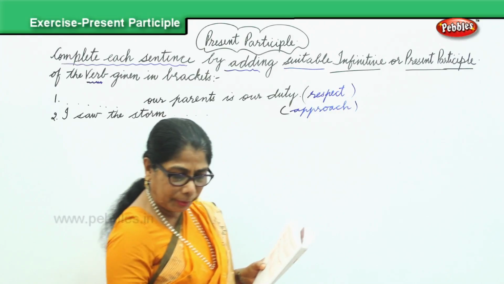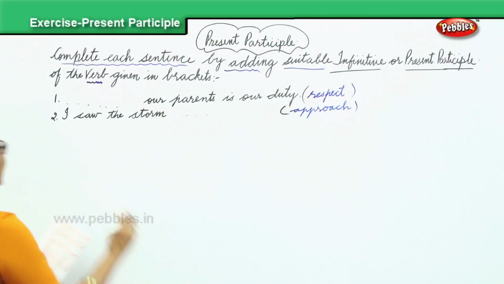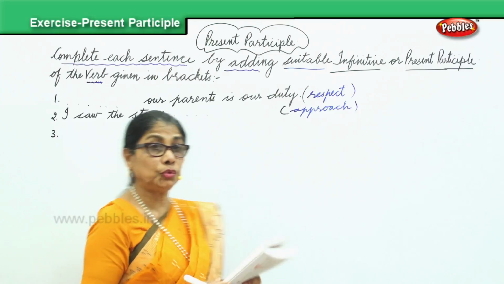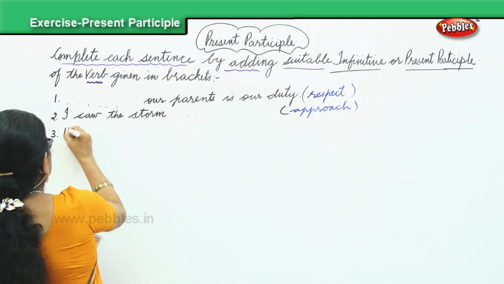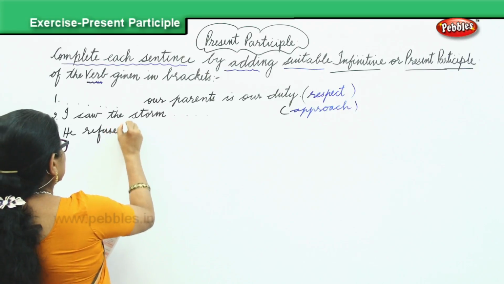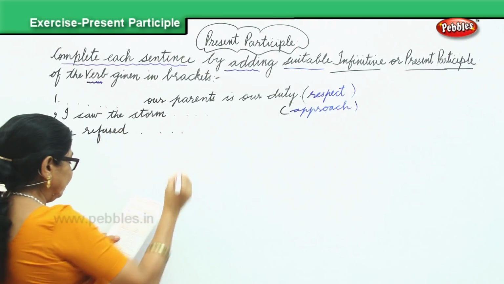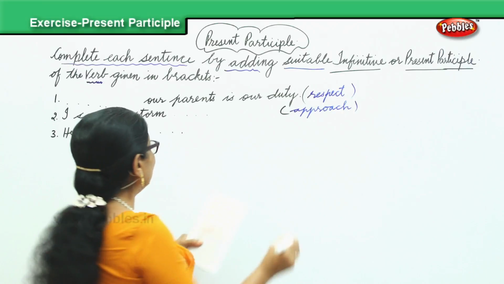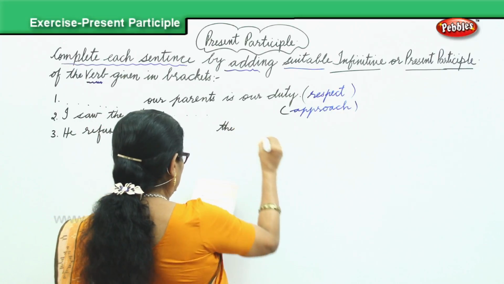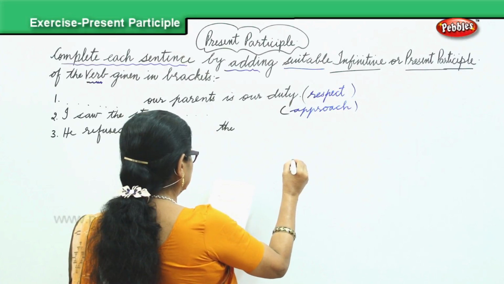And the verb given is approach. The third sentence: He refused, something missing here, the orders.